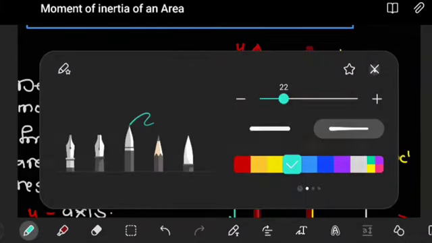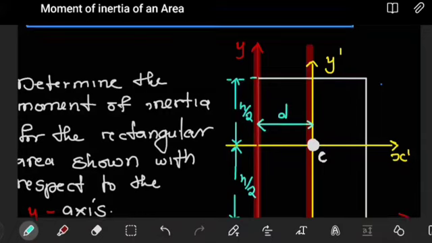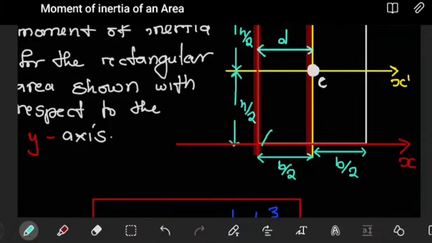What is that distance? It's the distance from here to there, perpendicular to both axes. This is our distance d, which is the same as the b over 2 indicated by these boundaries.